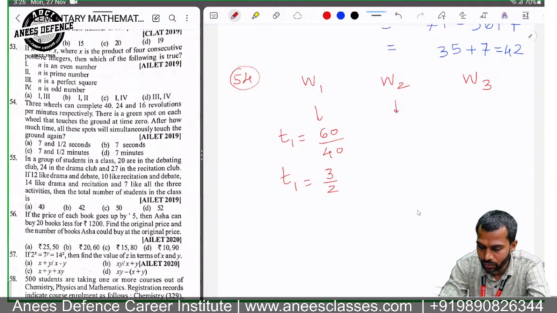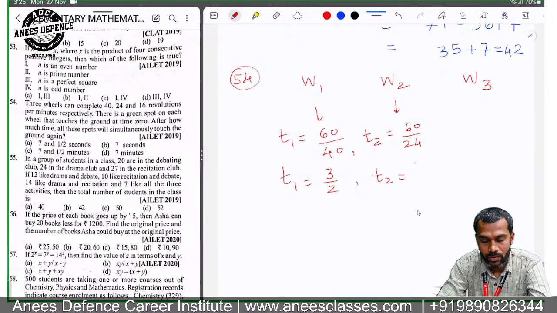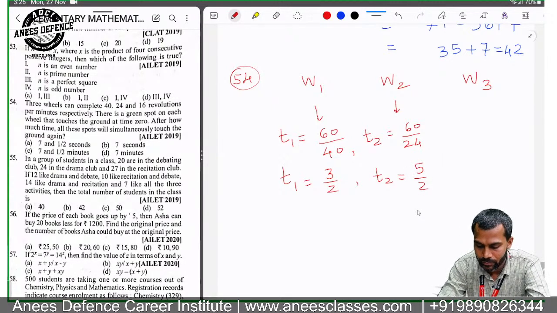Now what about wheel 2? Tell me, T2 is what? 60 by 24. 12 fives are 60 and 12 twos are 24. So 5 by 2, that is 2.5 seconds.